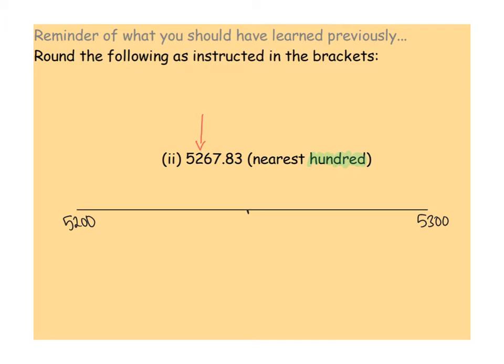Halfway between these two numbers is 5,250. I can see that 5,267.83 would be higher than that. It would be somewhere over here, which means it's nearer to 5,300. So my answer is 5,300 to the nearest 100.